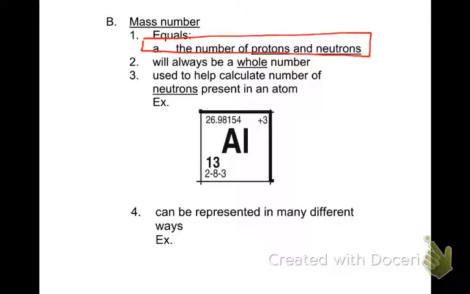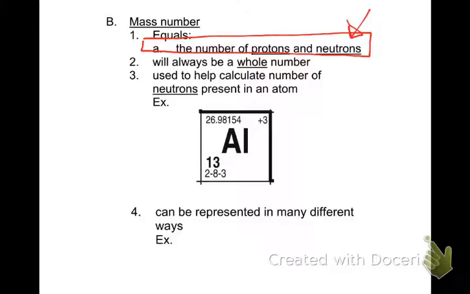It will always be a whole number, because we're talking about the total number of neutrons and total number of protons that exist in that particular atom. We can use it to help us calculate the number of neutrons that are present in an atom.